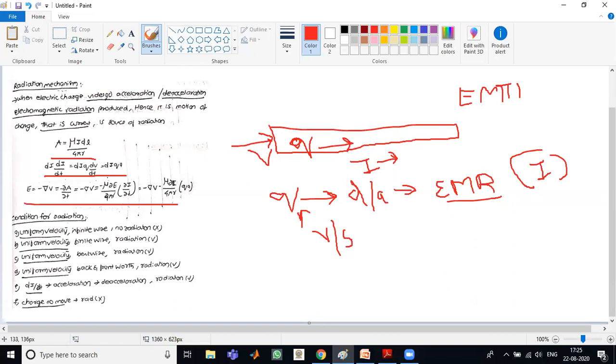The radiation mechanism, the vector potential A, is given by mu I dl by 4 pi r. Now, conditions for radiation.